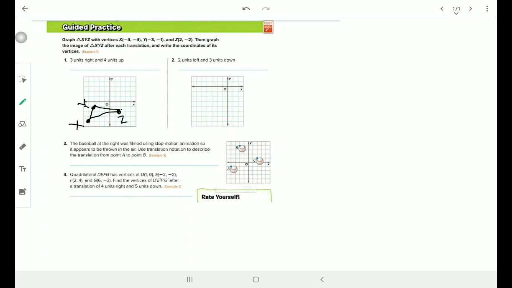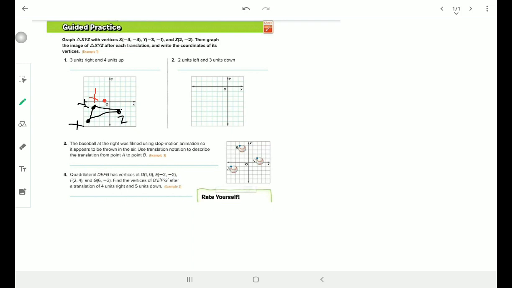So 1, 2, 3, 4. So point X is going to shift right there, and we are going to call this X prime. It's got a little apostrophe there, and that helps us signify that it is similar to the point X, but it's still different.